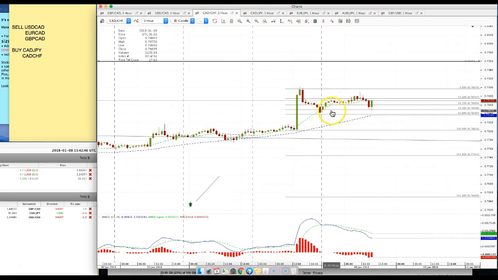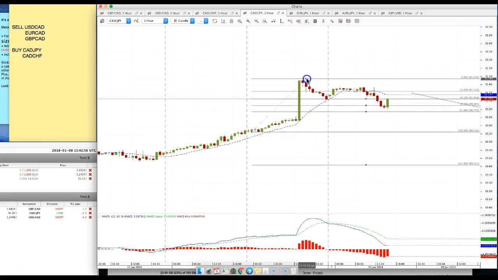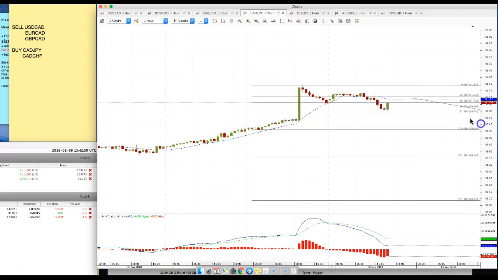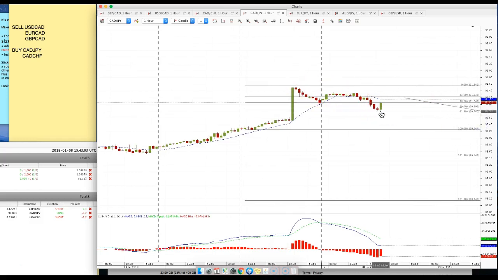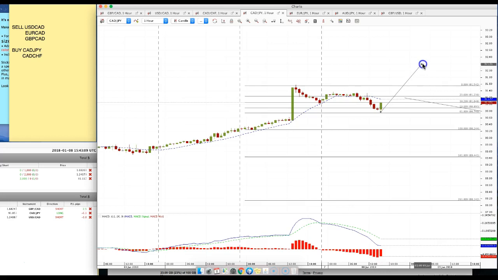A bit of a retracement for Monday, but now the market is finding support and it should continue to rally. CAD yen, the same thing. Here's Friday's rally. Here's Monday's retracement. Looks like Monday's retracement is complete and at the 50% retracement level, and this should continue to rally through Tuesday and Wednesday. And there you have it.